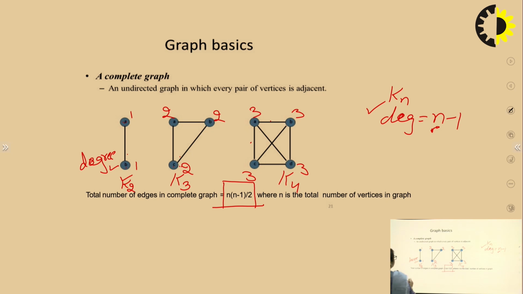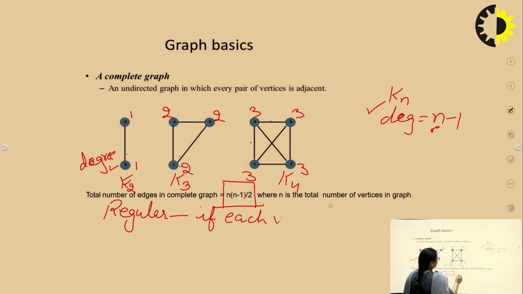Now let us talk about one more type of graph, the regular graph. What is a regular graph? A regular graph may be complete or may not be. What is the condition? If each vertex has the same degree, all the vertices are of the same degree, then it is called a regular graph.